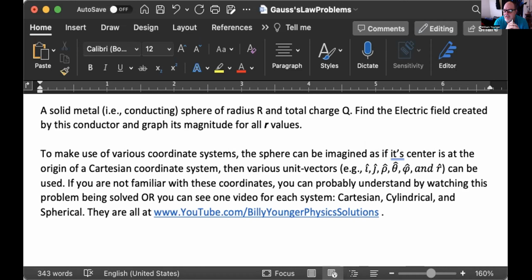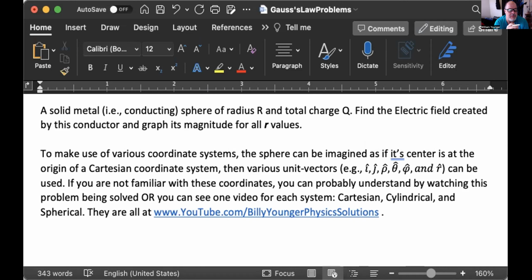Phi hat is the polar angle for spherical coordinates, and r hat is the actual radial vector for spherical coordinates. I just use these because these symbols are handy, and if anyone's been introduced even slightly to the coordinate systems through one problem or through looking them up on my YouTube channel, then they know exactly what I mean, exactly which directions we're going.